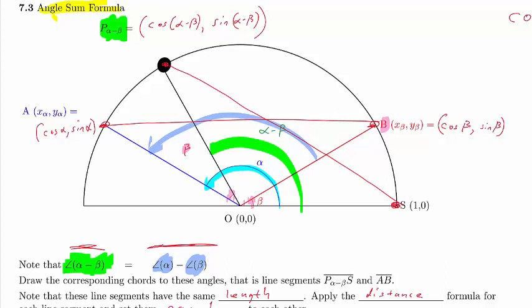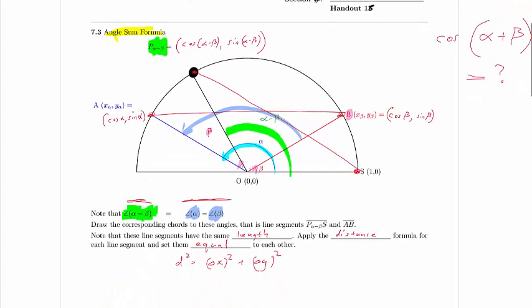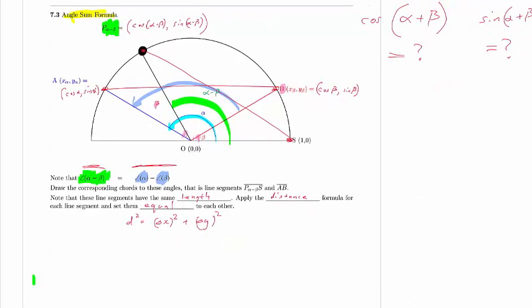Interesting, right? So recall cosine of alpha minus beta, that's one of the things that we're after here. It's one of the things we want to find out for our formula. All right, so let's go down. And now that we've got our x and y coordinates established, let's pick sides here.